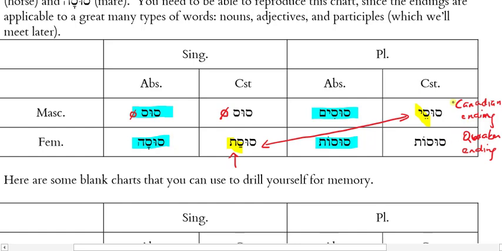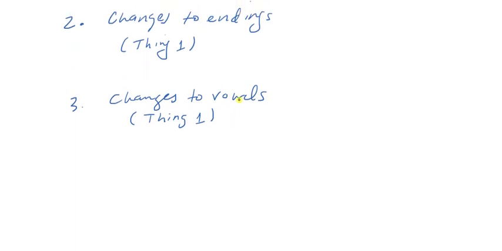Okay, good. So those are the endings, and that's fairly simple. The part that really throws people is this matter of the internal vowel changes, but you will not be surprised by this at all. So let me just jot this down; see the handout for the endings.